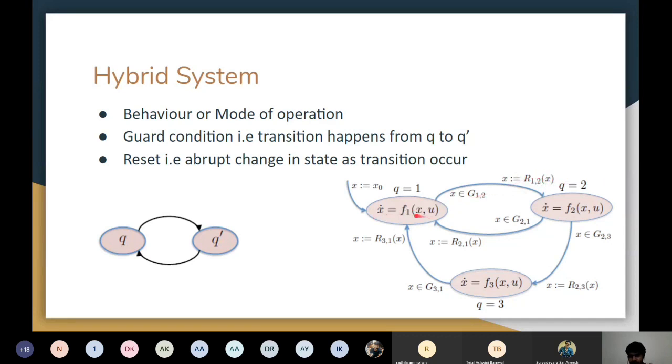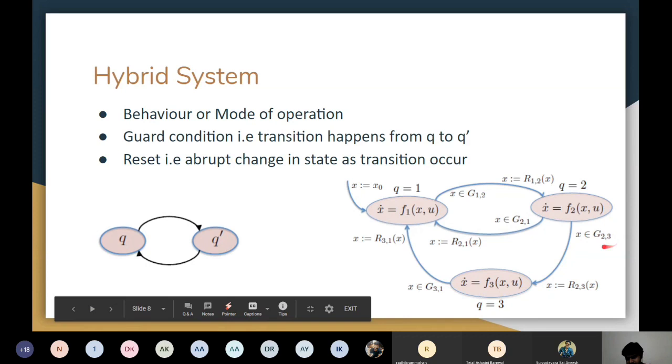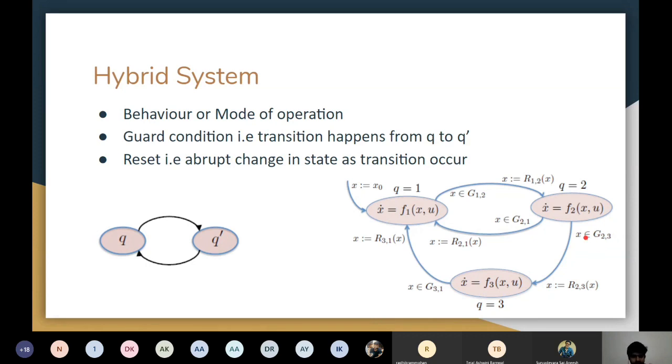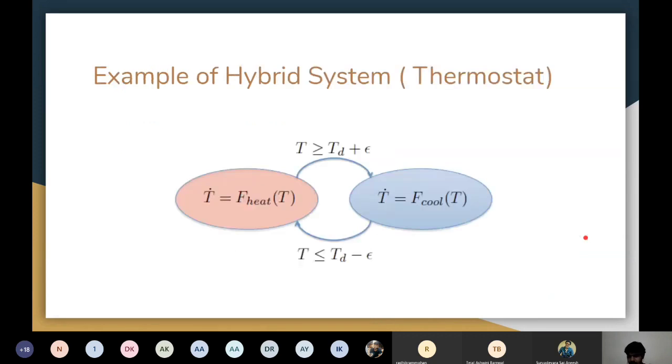So this is one condition in which I've switched from 1 to 2. Similarly, from 2, I can switch back to 1 given this condition, or I can switch to 3 given this condition. We'll understand it more through certain examples.